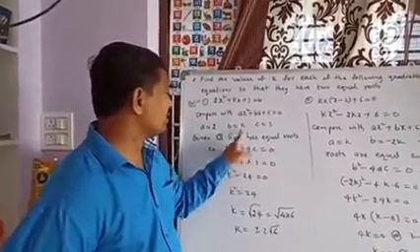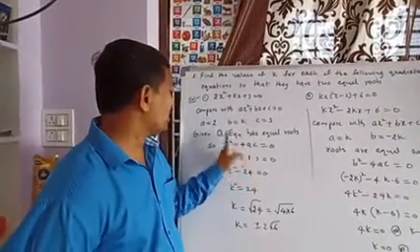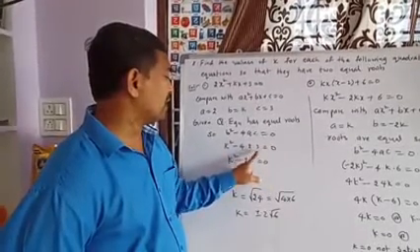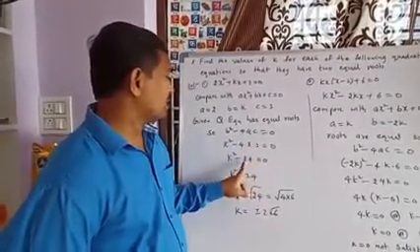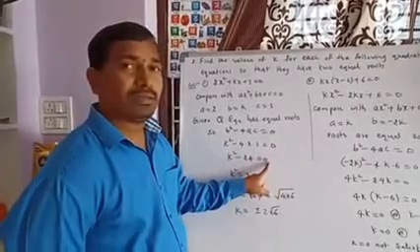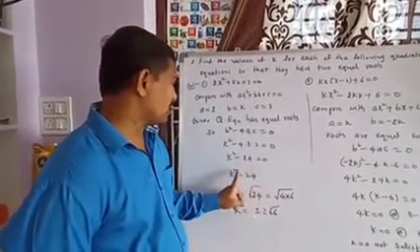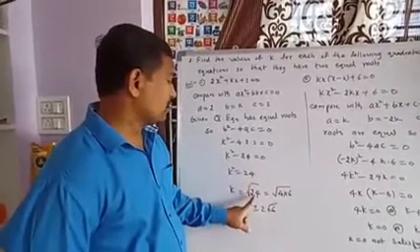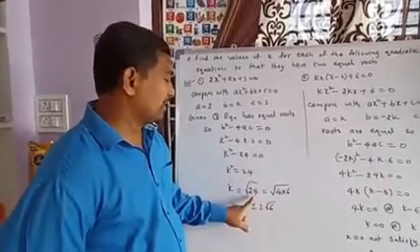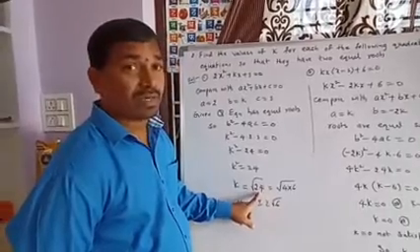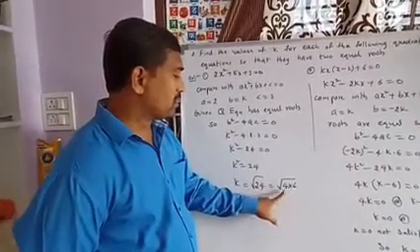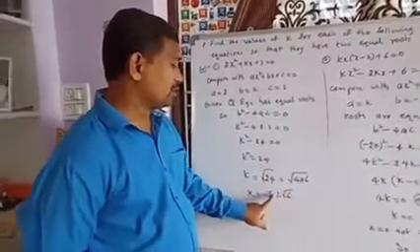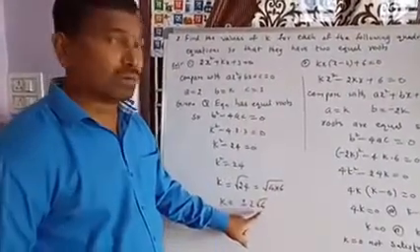Substitute the values. b square, k square minus 4 into a 2, c 3 equal to 0. 4 2s are 8, 8 3s are 24. So minus 24 transposes to right side, plus 24. Square transpose, take the square root on the right side, that becomes root 24. This 24 can be written as multiple of perfect square, that is 4 into 6. Root 4 is 2. So whenever we are taking square root, we are taking plus or minus 2 root 6.